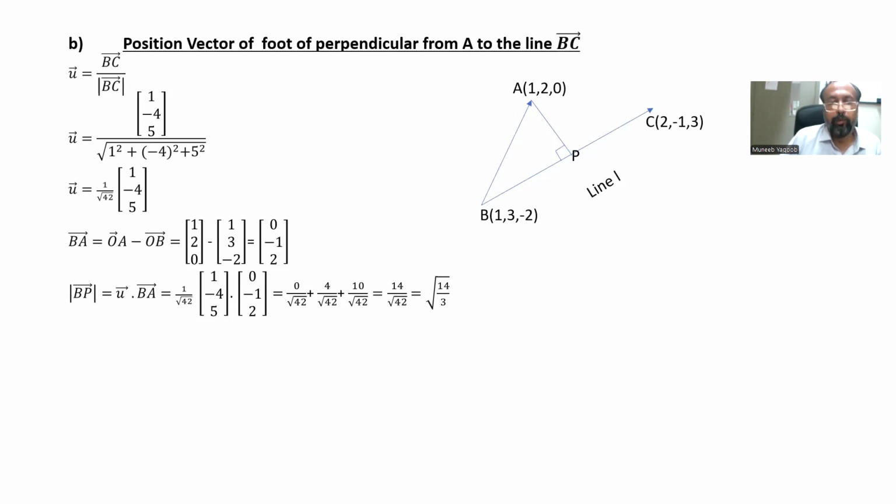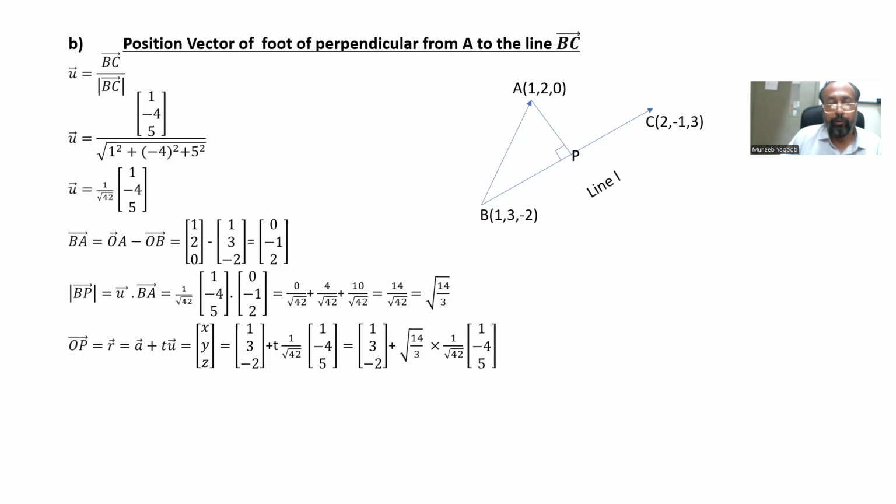Now, how can we calculate the position vector of point P? For that purpose, we will use the vector equation in a different manner. This time I wrote the vector equation r equals a plus parameter t times the unit vector.